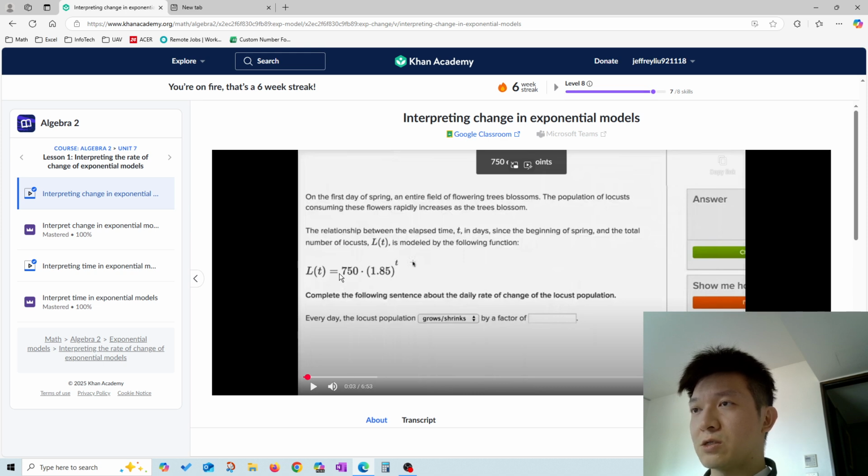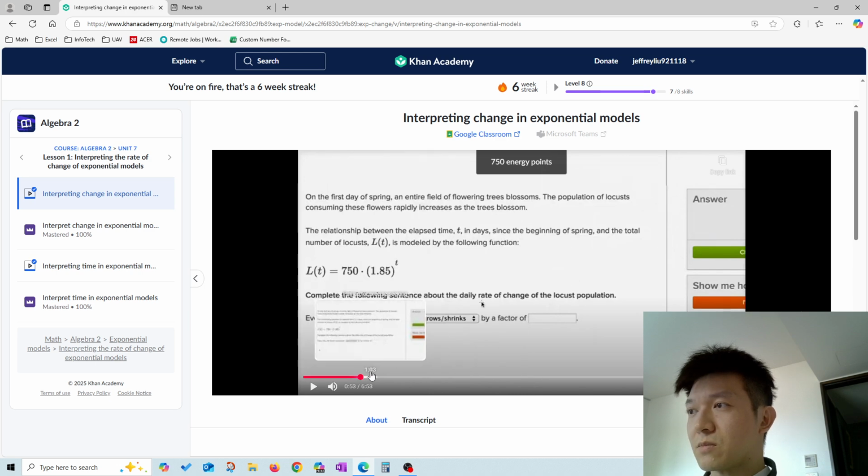It's starting from 750, but it will grow exponentially by a factor of this. So this is the factor, and it grows. It's not shrinking because it's more than 1. If it's less than 1, then there's a different story. So it grows by a factor of 1.85.